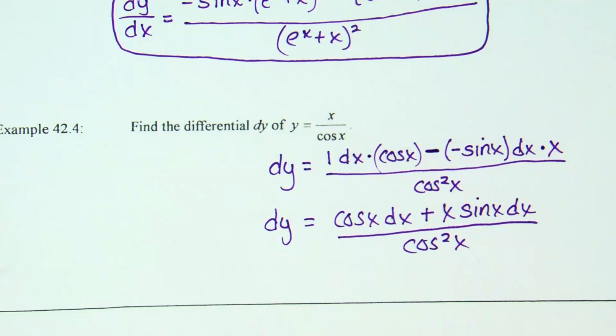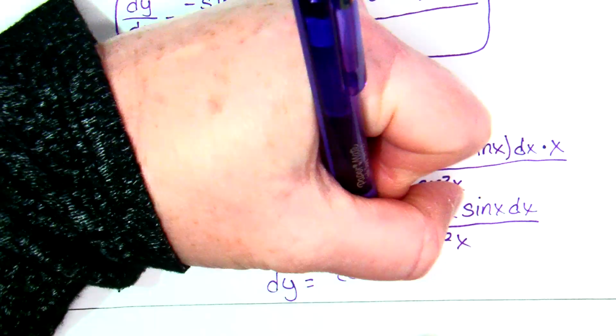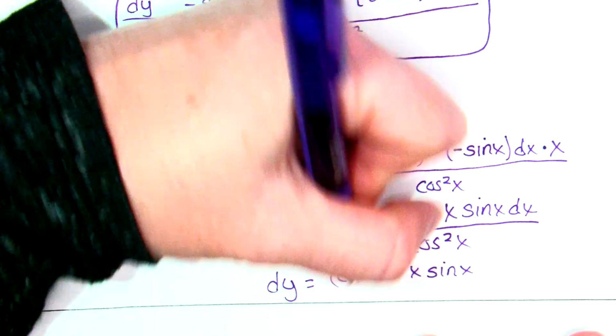Do we factor out the dx? That would be the one other thing we could do. So dy is going to be cosine x plus x sine x, put that in parentheses, and then at the end factor out the dx, all over cosine squared x.